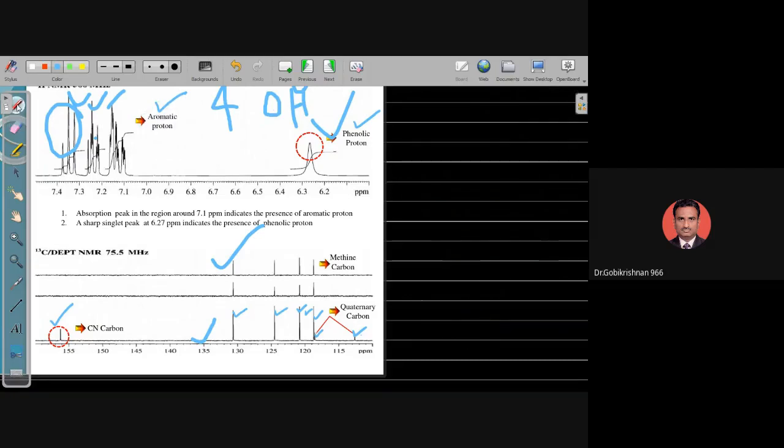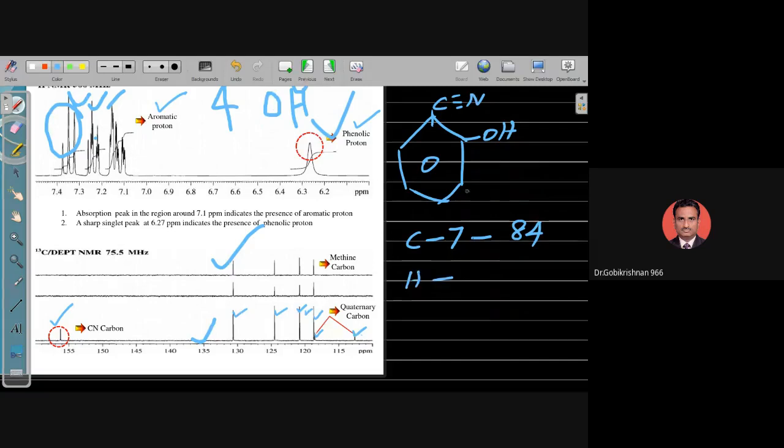What is the structure here? The probable structure we have predicted may be C triple bond N and OH. The number of carbons is 7, isn't it? Therefore, 7 into 12 is 84. The number of hydrogens is 5.